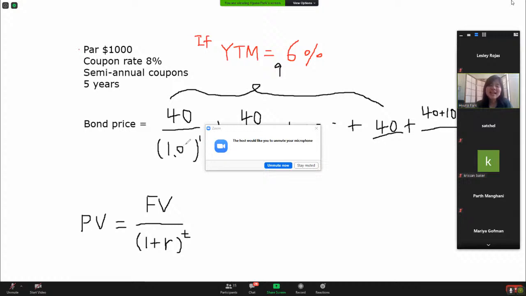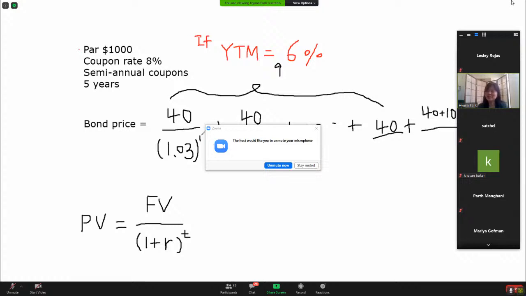Because this is a semi-annual coupon, so 6 months coupon, 40. So you should use the 6 months rate. And what's the required return? Yield to maturity, 6%, but all the quoted rates are annual rates, and this is a semi-annual period, so half of 6%, 3%. So to the power of 1.